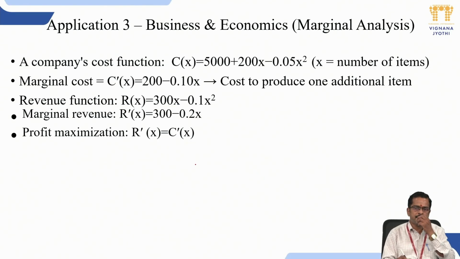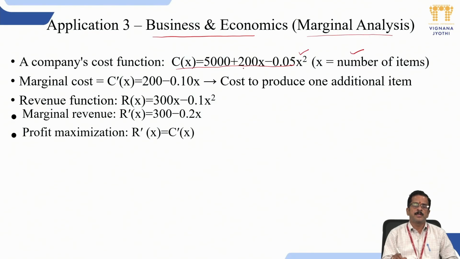Third application: business and economics. Marginal analysis. See, the company's cost function is designed like this, where x is the number of items. This function is designed with respect to their operational systems and inputs involved in construction.